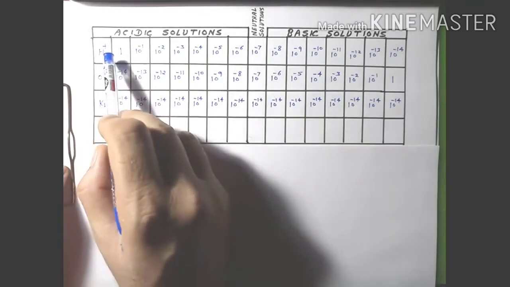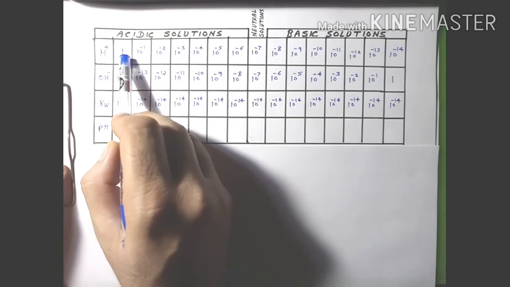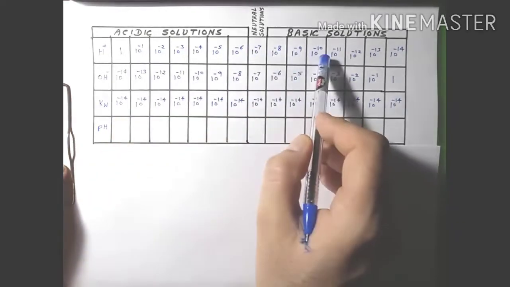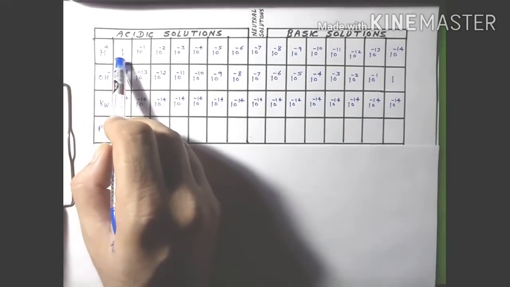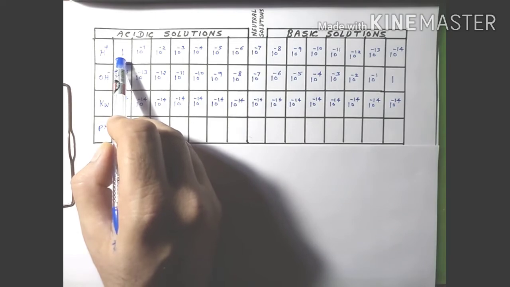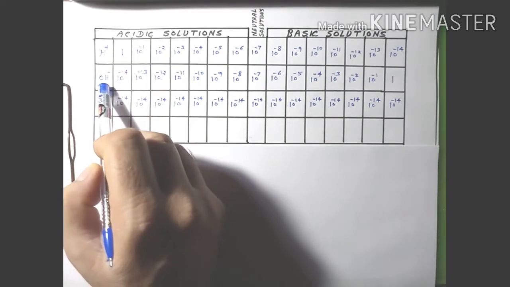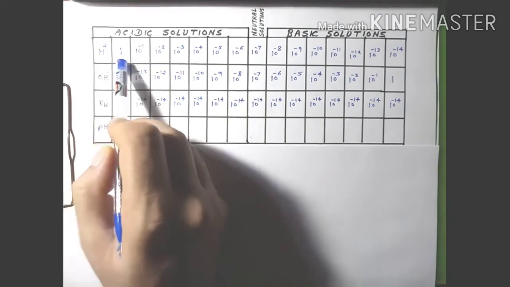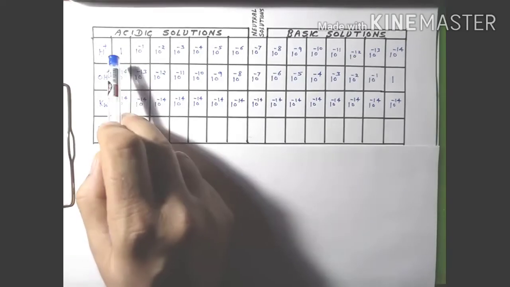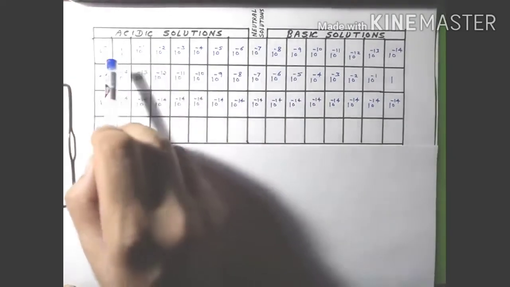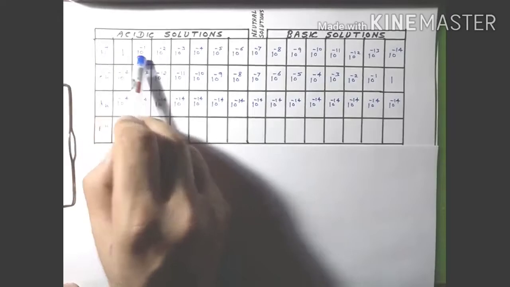If a solution contains H plus ion concentration 1 mole per liter, and I ask you what is the concentration of the OH minus ion in the same solution, then you say 10 to the power minus 14. And now we move right side by decreasing the concentration of H plus ion.